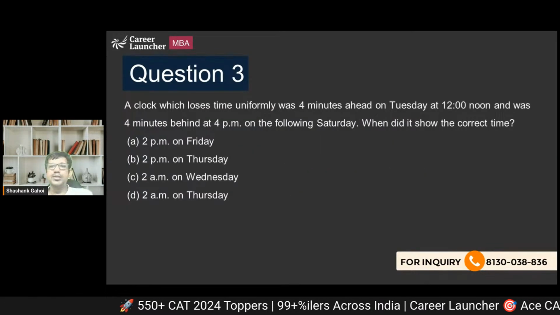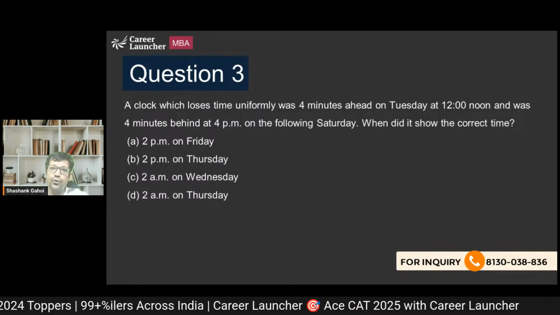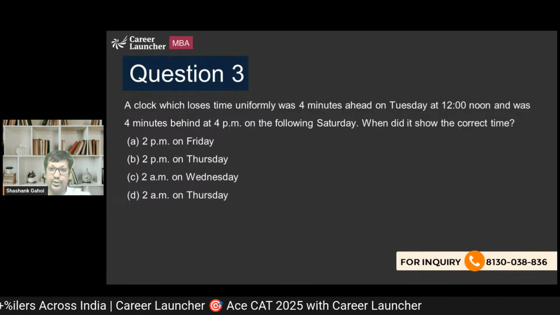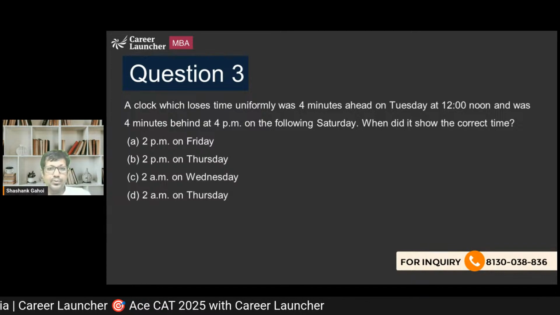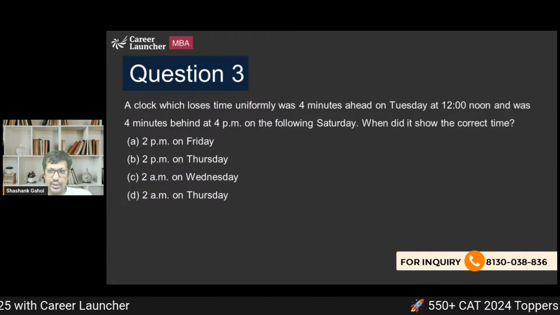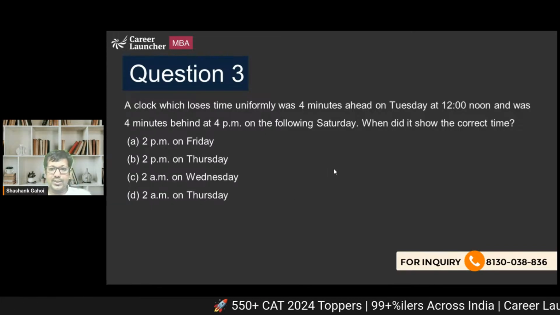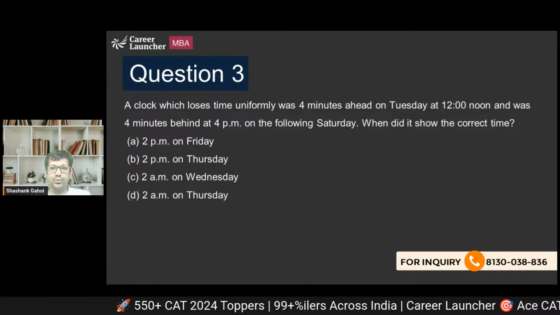Now let's look at this one. What does it say? A clock which loses uniformly is 4 minutes ahead on Tuesday. So a clock is losing 4 minutes.